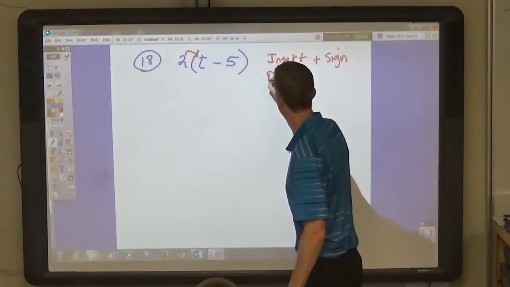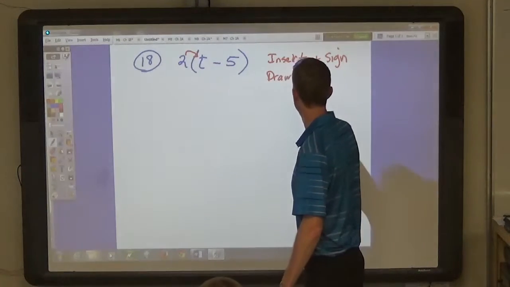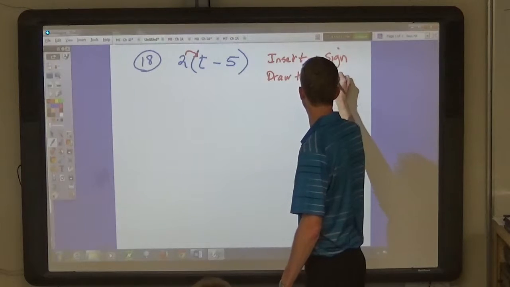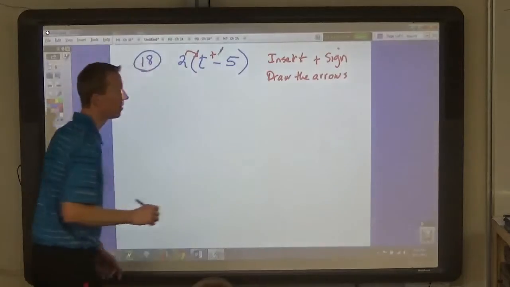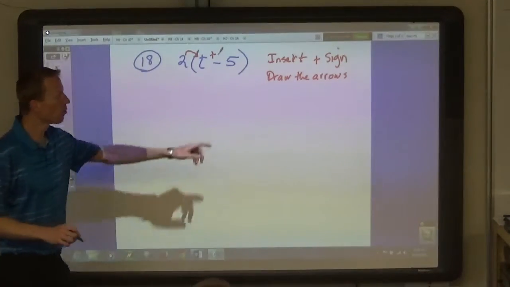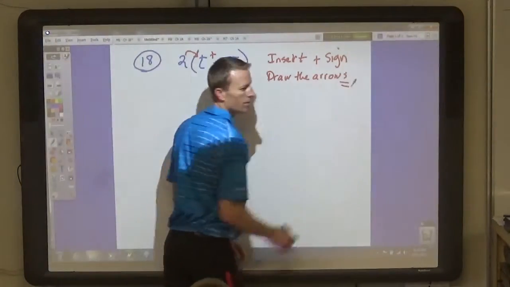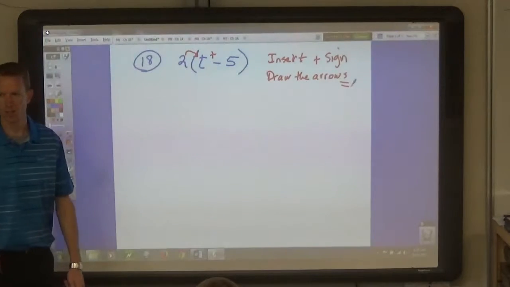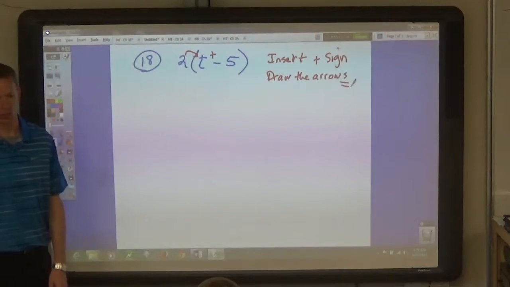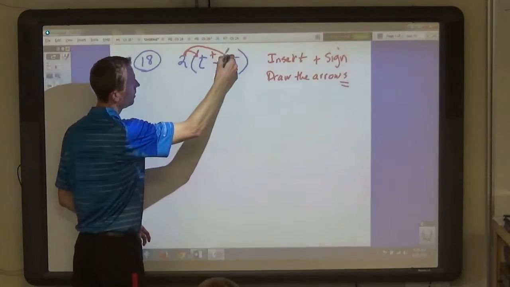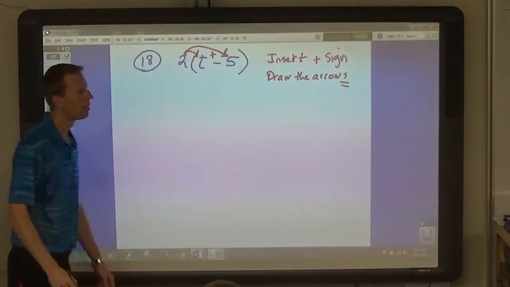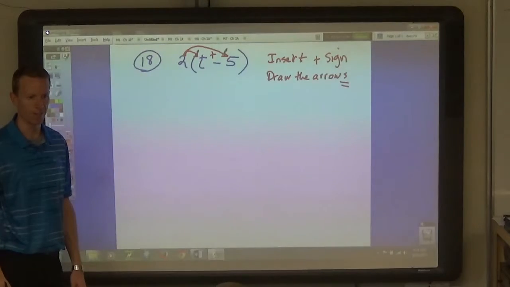Then draw the arrows. Insert a plus sign, then draw the arrows. 2 times t and 2 times negative 5.